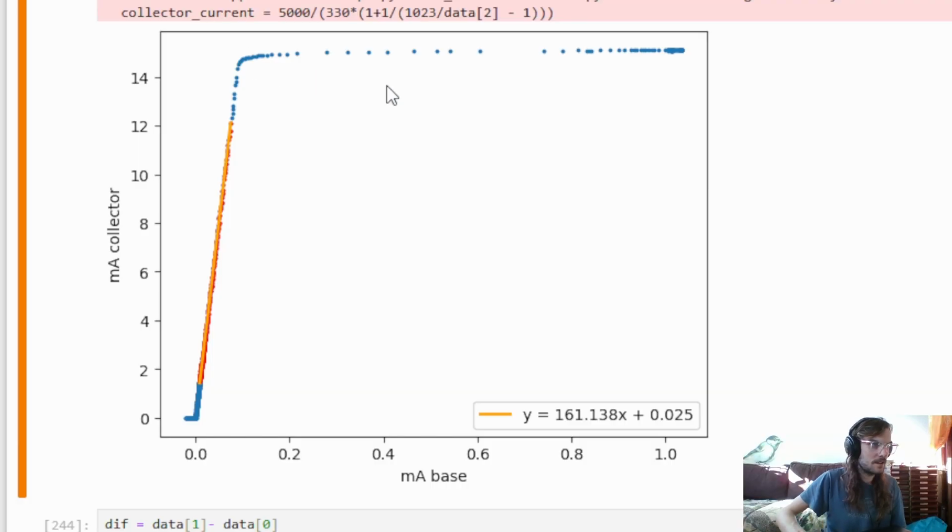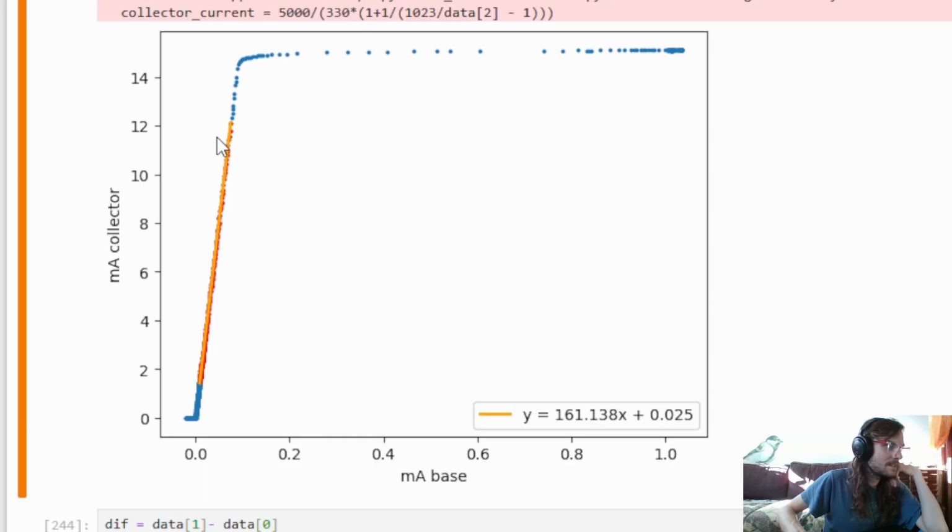But these horizontal dots at what's called the saturation region of the transistor are not useful for measuring this. And these flat dots at the end also, I don't know the correct word, but it's like the lagging current.